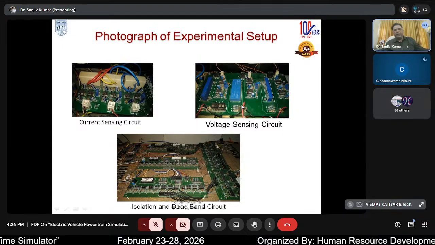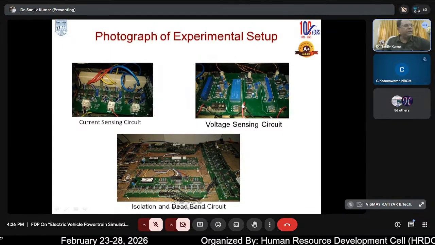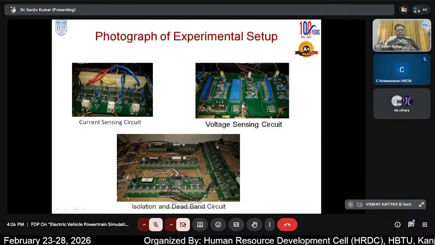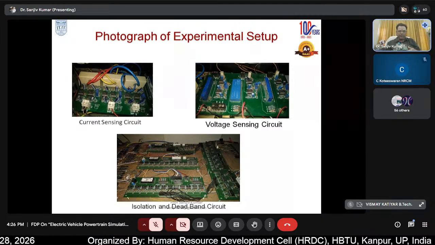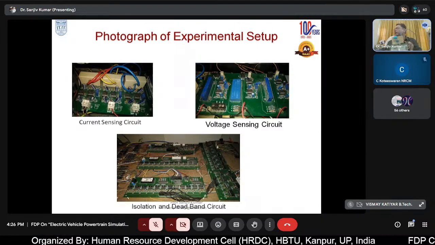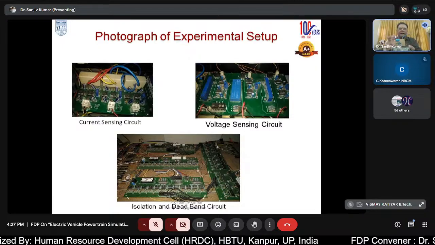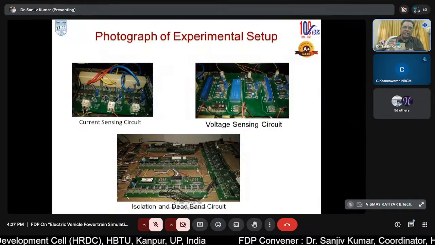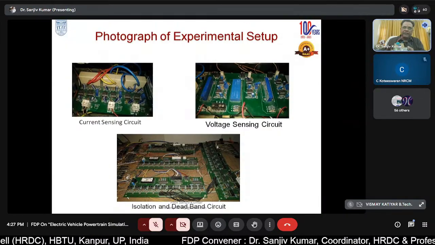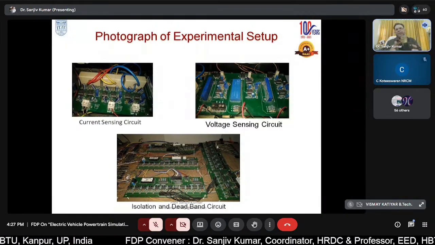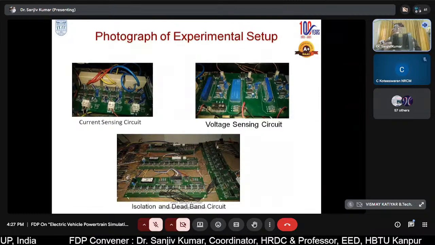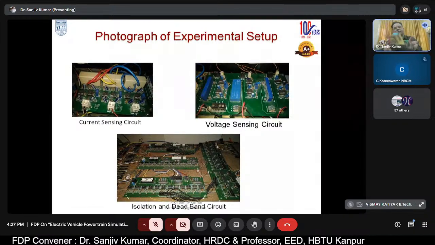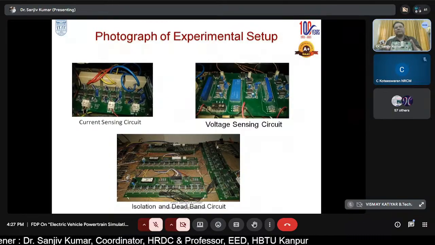Clear? And if we talk about the IGBT module along with the driver circuit, here you can see the IGBT which has a snubber circuit along with the varistor. Then the driver circuit is mounted on the heatsink like this.